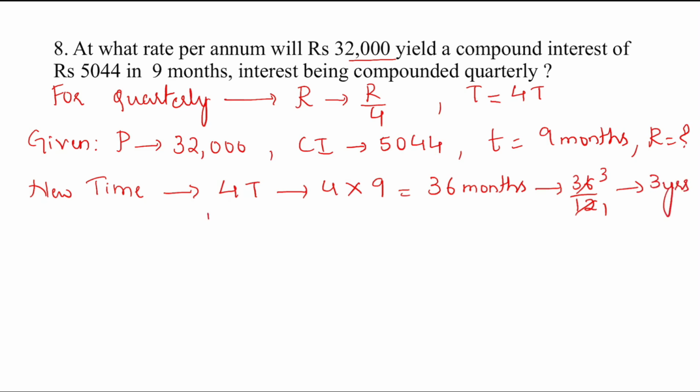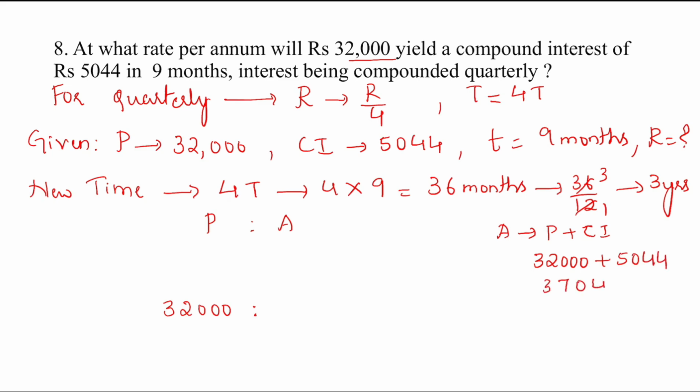Now, principal to amount. We will find out the ratio between principal and amount. So principal is 32,000, given, and the amount is P plus CI. So principal is 32,000 and CI is 5,044. When we add, it is 37,044.